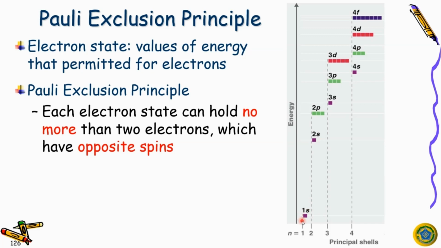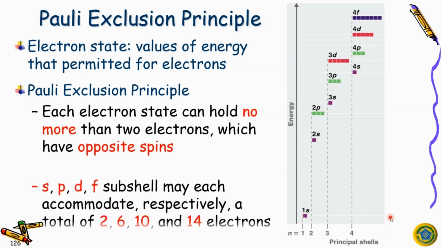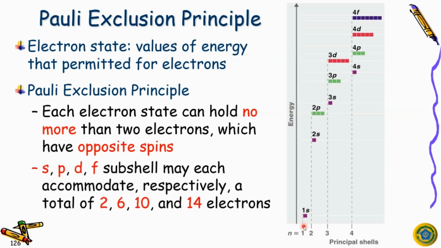One is spin up, one must be spin down. Each state has 2 electrons, so you will have 6 electrons here, and in each state you have spin up and spin down. Okay, this is called the Pauli exclusion principle, the first one.